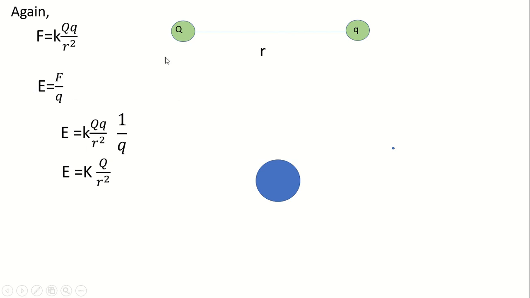But if the field creating charge, that means capital Q, is given, then in that case, field creating charge means the charge for which the electric field is created, the electric field intensity will be equal to K into Q by r square. So you have to remember both formulas for doing mathematical calculation.